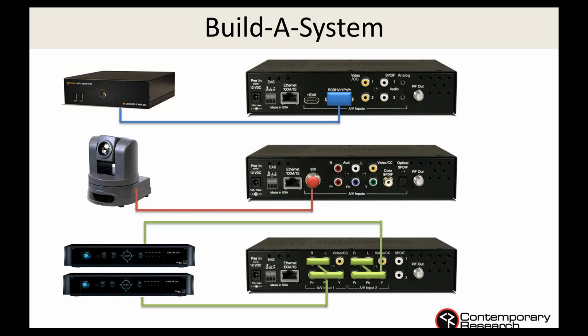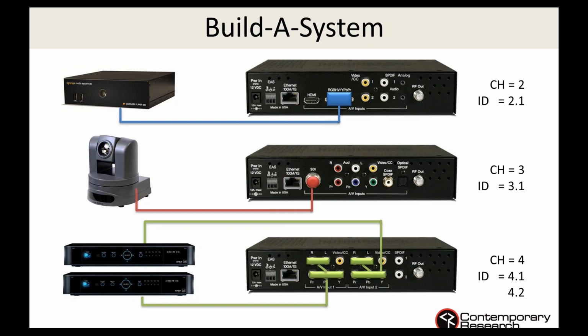So component is still alive and well and being used in this industry today. And so basically video is possible, RGB, HDMI, SDI, and component are all valid inputs you can use and convert into a digital channel.